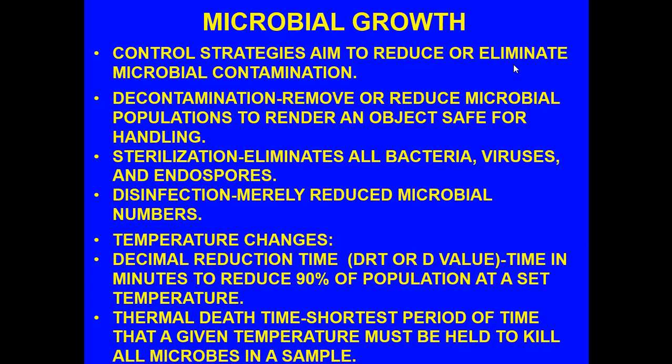And this is not just exposing it to one chemical like chlorine bleach. What about the different means to achieve decontamination, sterilization, disinfection, such as heat, ultraviolet light, different chemicals, etc.? Here we're going to discuss and review the control strategies aimed to reduce or eliminate microbial contamination.